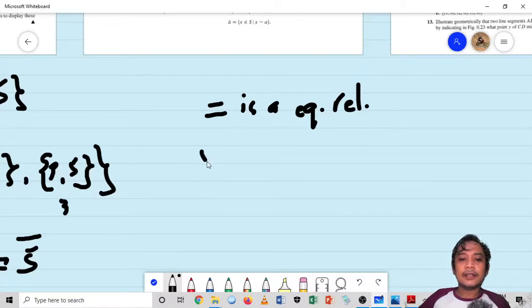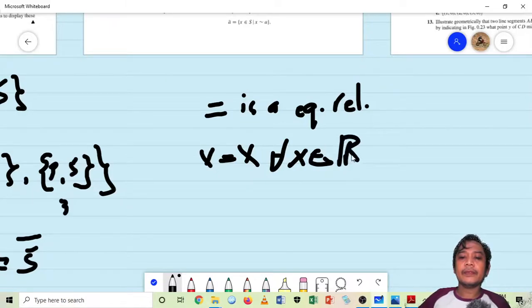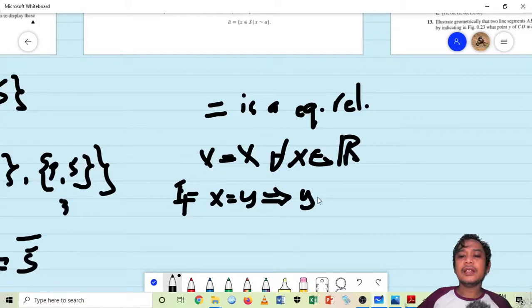Because x is equal to x for all real numbers x, meaning equality is reflexive. Also, if a number x is equal to y, it should follow that y is equal to x.